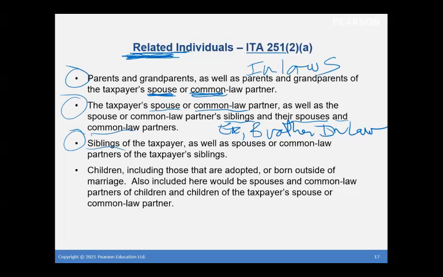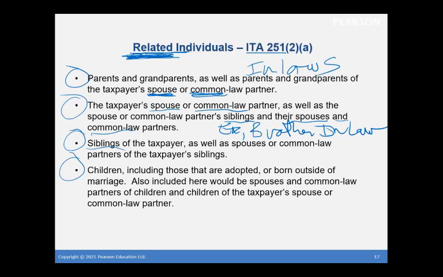So my sister's husband, my brother-in-law in that direction, would also be included here, and as well my sister. Now this is related. When we get to associated, that's a whole different thing. Associated is between companies. Related, here, we're talking about as individuals.